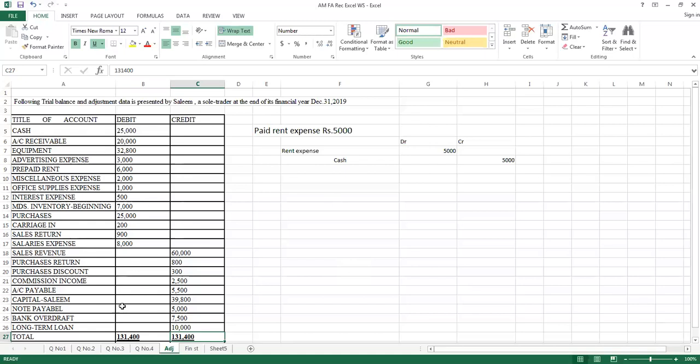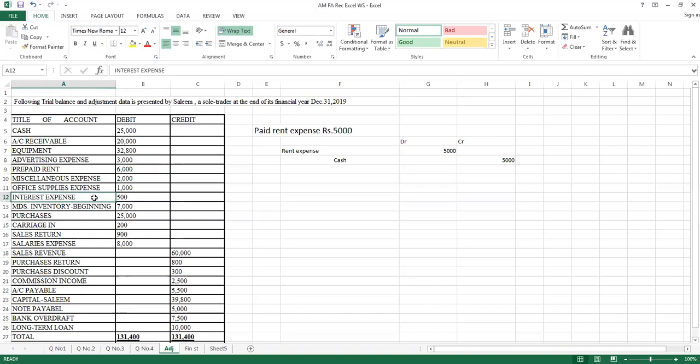But after preparing this trial balance, imagine a condition in the business: you are showing prepaid rent of 6,000, but I say you paid it 1 month back, and now after 1 month, prepaid will not remain 6,000 because we have already used 1 month of rent. So you will say, yes, then the amount should not be 6,000. If I say that you are paying 1,000 per month, then the advance should remain 5,000, right?